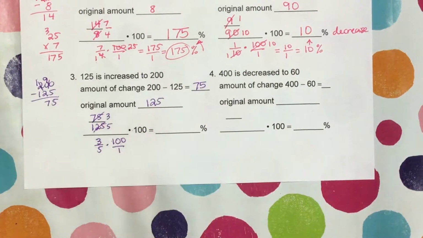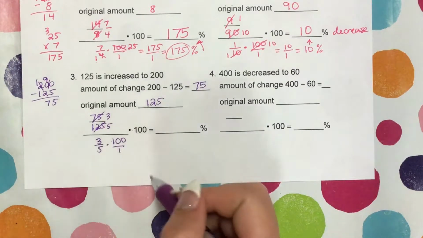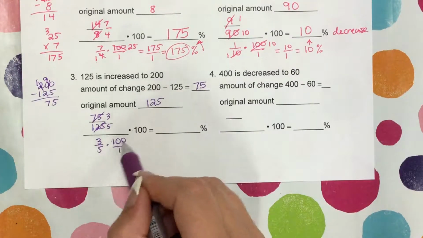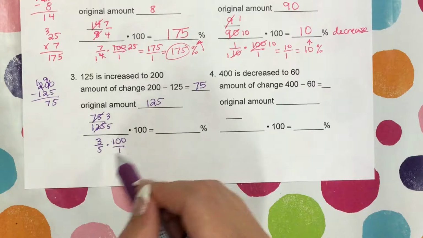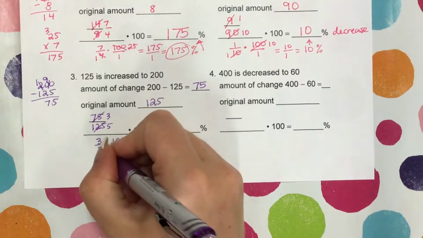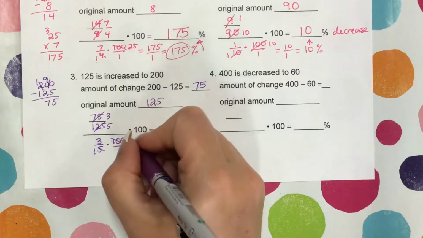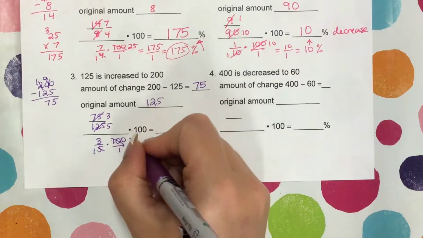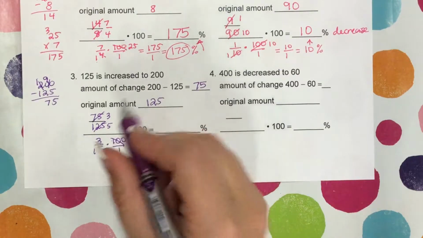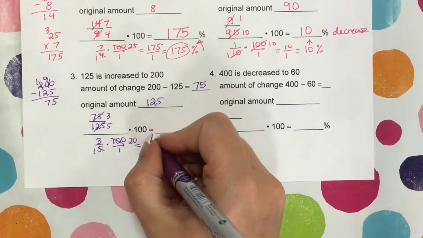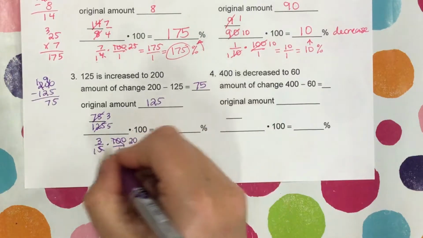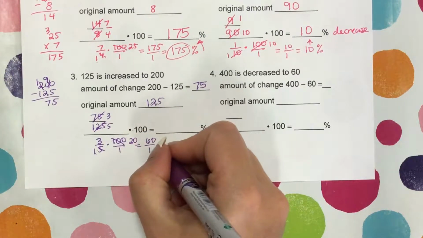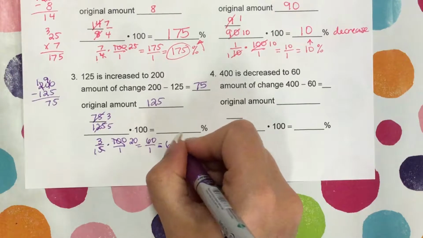Now I'm still multiplying fractions, so I'm going to look to cross cancel first. I know that 5 and 100 have a common factor of 5. 5 goes into 5 1 time, and 5 goes into 100 20 times. And then I just multiply across. 3 times 20 would be 60. 1 times 1 is 1. 60 divided by 1 would be 60.